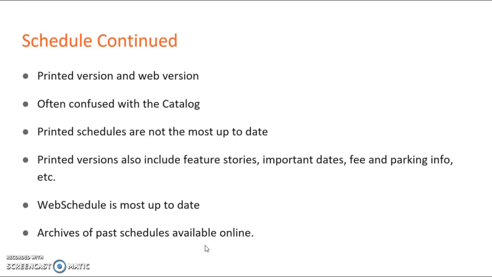That can give me an idea of whether or not I should take summer school, or is the class I need offered in the summer, so maybe I will take summer school. So you can definitely look at archives and the history of what's been offered in the past, or if you want to look back at what you've taken in past years, you can go back to those older schedules in the archives, and we'll go through that too.